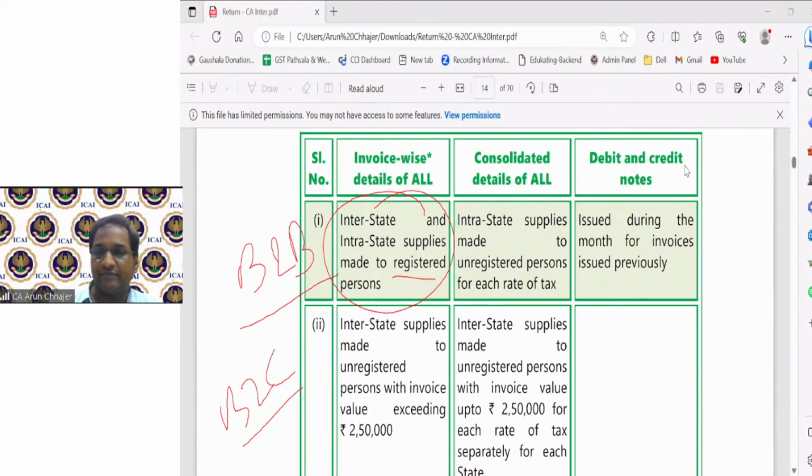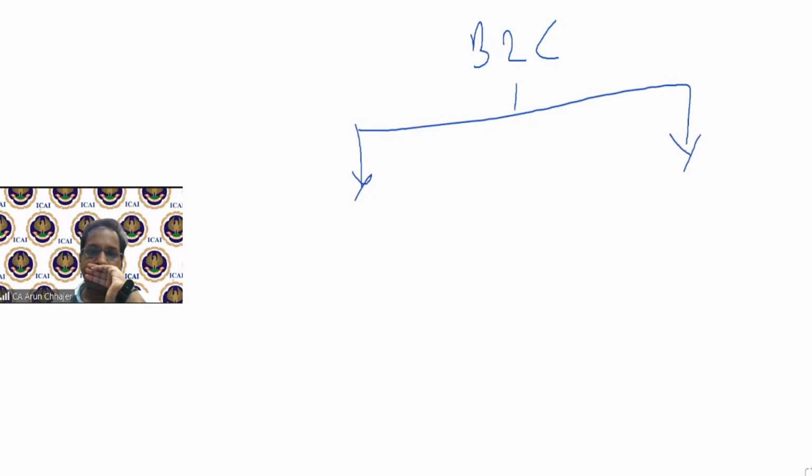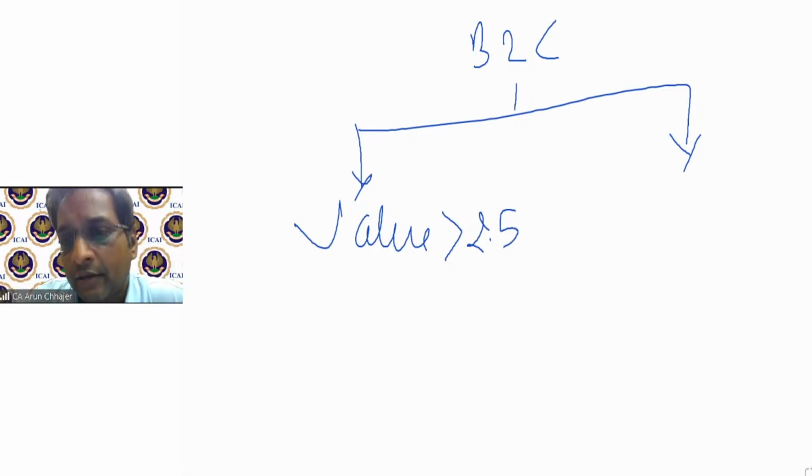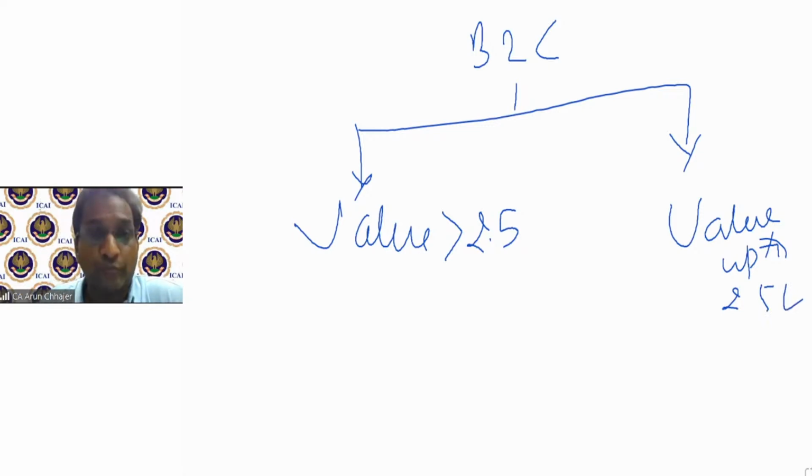In case of the B2C, divide in two parts. Whether value is more than 2.5 lakh or value is up to 2.5 lakh. The first point. क्या मैं डिस्कस कर रहा हूं?